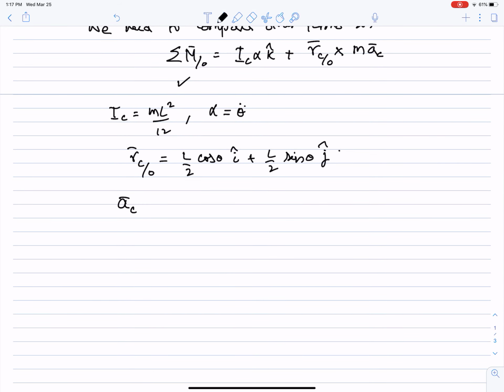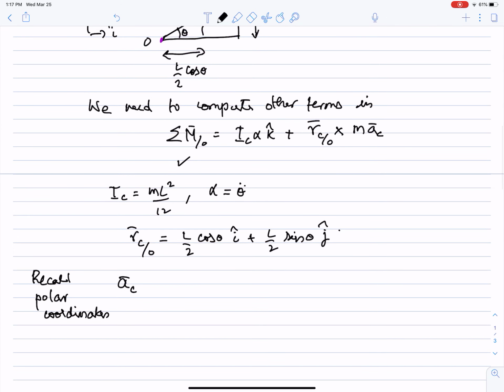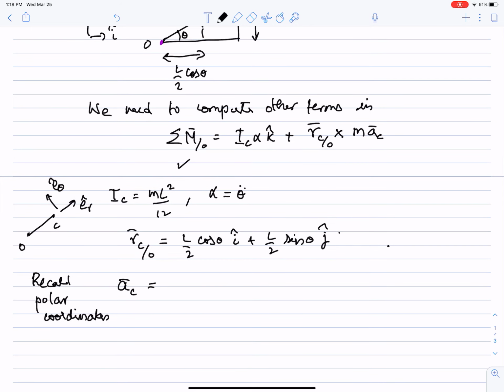And you can do that using polar coordinates. Recall polar coordinates. So if you say this is point O, this is point C, and this is e_r, and this is e_theta, then acceleration of the center of mass is minus R theta dot squared e_r plus R theta double dot e_theta, where R is L over 2, which you can call R if you want.